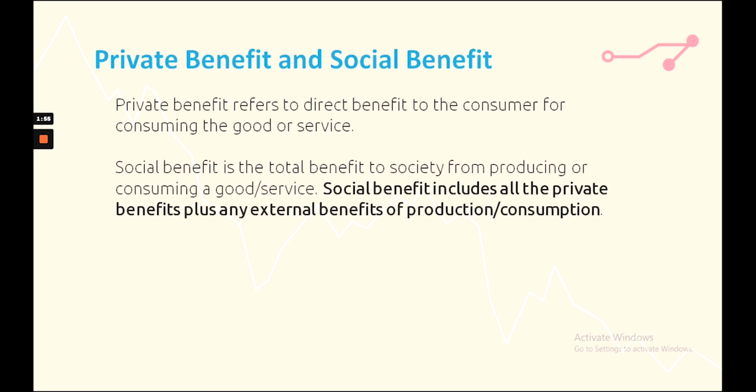The next concept is private benefit and social benefit. Private benefit refers to the benefits that an individual or group of individuals receive from a particular activity or decision. These benefits are exclusive to the individual or group, and are not shared with others in the society.